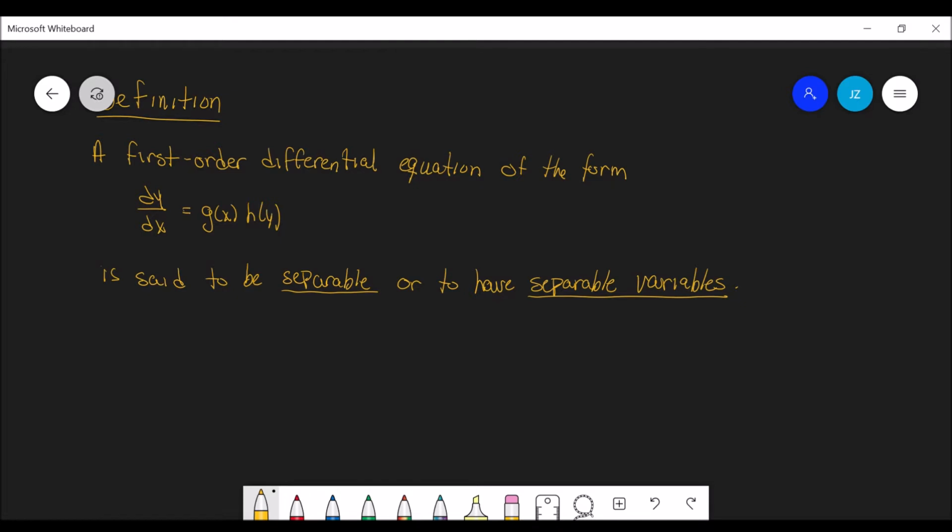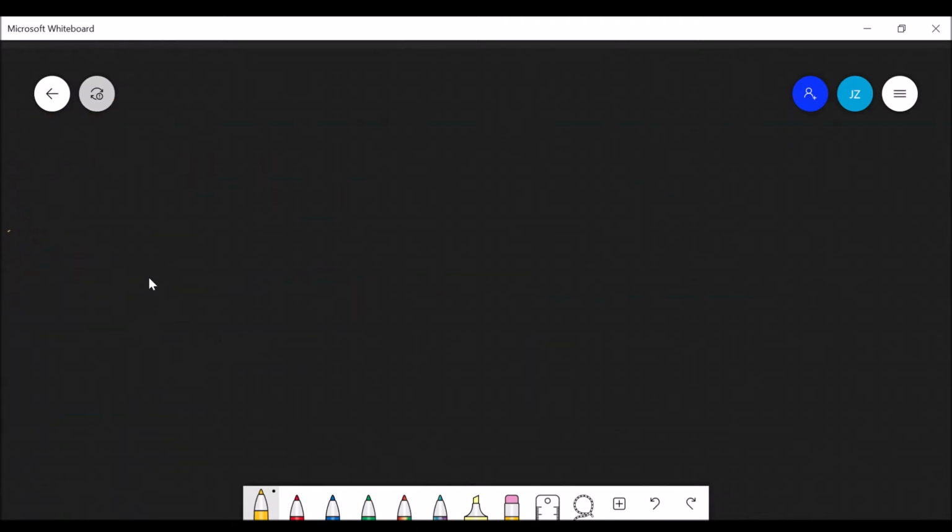So now we're going to take a look at several equations and determine whether they're separable or not. In the first equation, x prime equals x times t plus 2x.